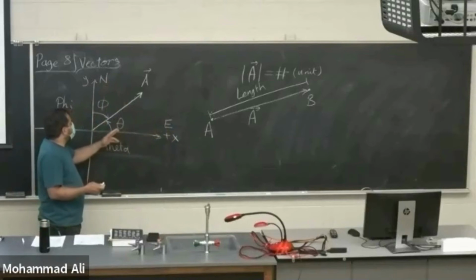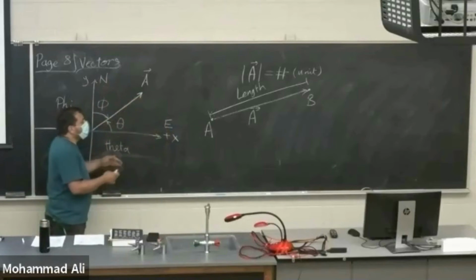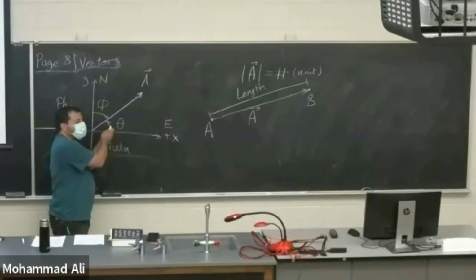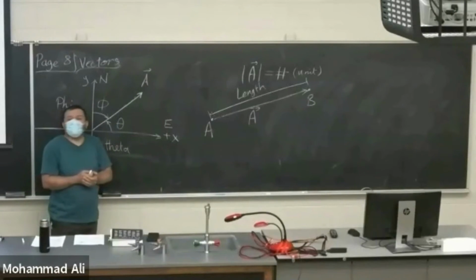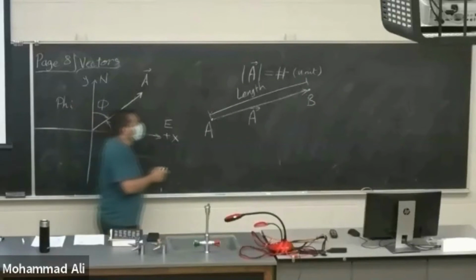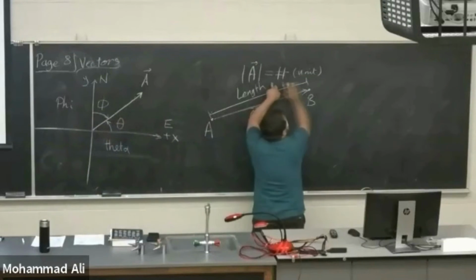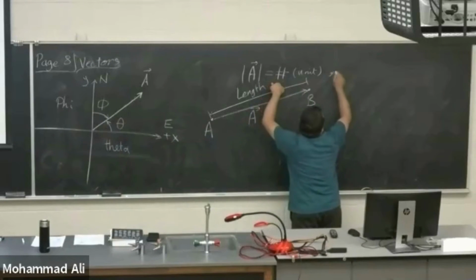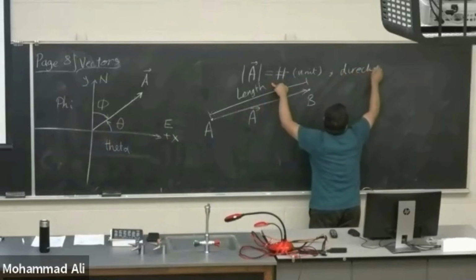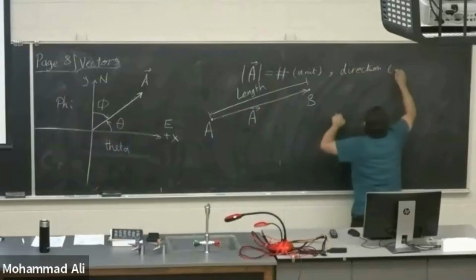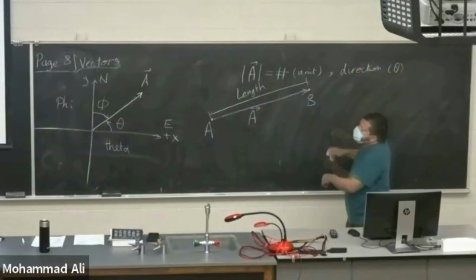It is just a vector length with theta direction. So if you need to tell me your vector, you need to tell me its length and its direction, which is theta.